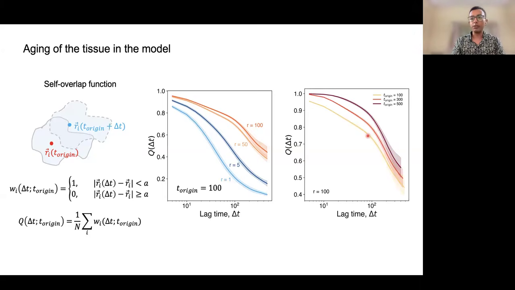But here comes the final proof that this is indeed a glass transition. We take the overlap function and measure it as a function of different time origin. As you can see, the longer we wait, the flatter it gets, which convinced us that this is indeed a glass transition that we are observing.